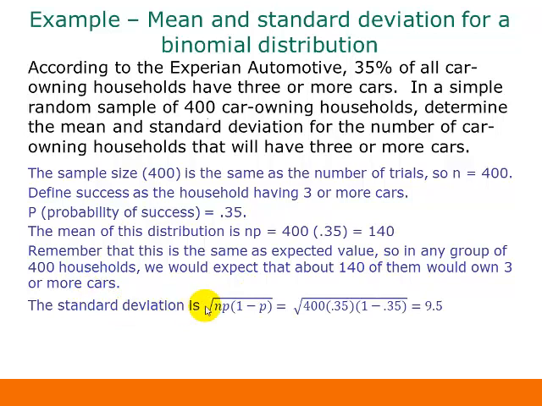Our standard deviation, again, this is an easy formula. All we have to do is take the square root of n times p times 1 minus p, and that gives us 9.5. So if we're thinking about mean and standard deviation, we've got a mean of 140 and a standard deviation of 9.5.